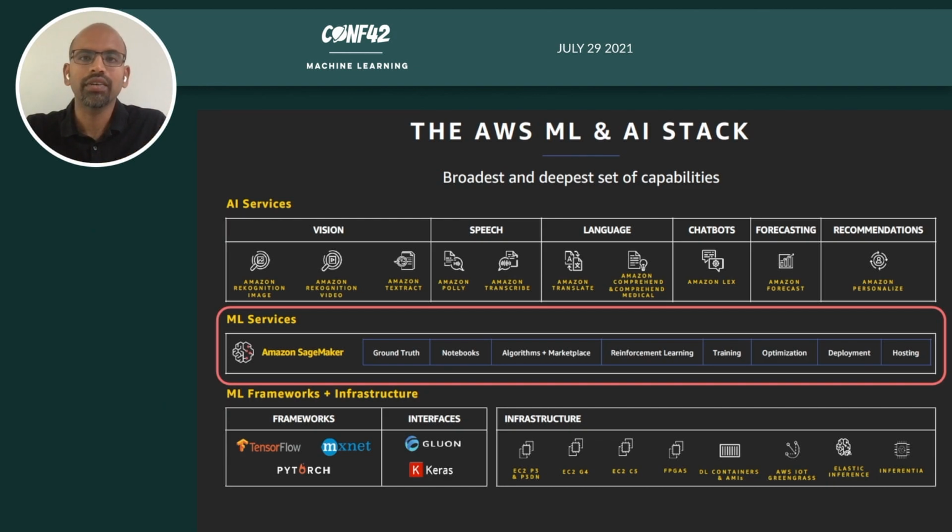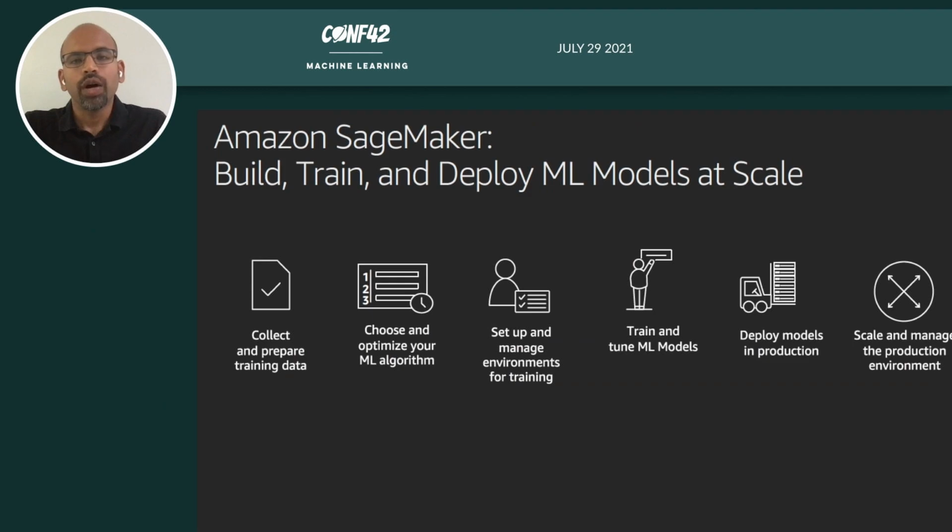So let's take ourselves to the main hero of today's subject, SageMaker. Amazon SageMaker, as I said, lets you build, train, and deploy ML models at scale. Now, at scale is the key term there. Whatever part of your journey, be it building, training, or deploying, for each of these stages SageMaker as a platform offers you the right set of APIs.